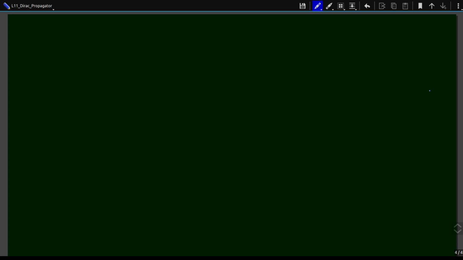So how do I do that? First I have the vacuum. Then I create a particle, or antiparticle, depending on which operator you are using. So let's say psi bar at y. Let me write the components also; I'll use the exact notation.